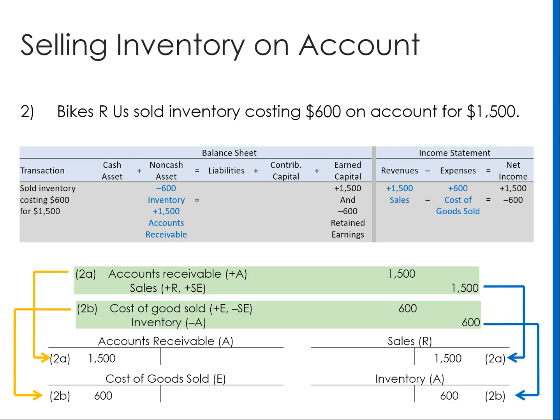So for the next journal entry, the company sold inventory. And we know to record a sale of inventory, we need two journal entries. This journal entry is on the revenue side, followed by a journal entry on the cost side.